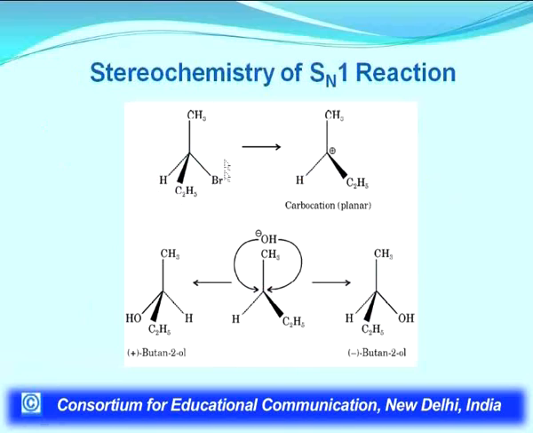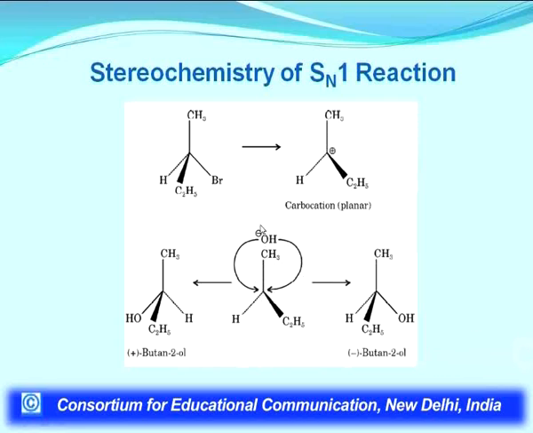This is one alkyl halide. It is basically 2-bromobutane. When this bromine is lost in the SN1 mechanism, we get this carbocation, which is planar. Now, on this planar carbocation, say hydroxide ion or water can attack from this side as well as from this side, as shown in this structure.